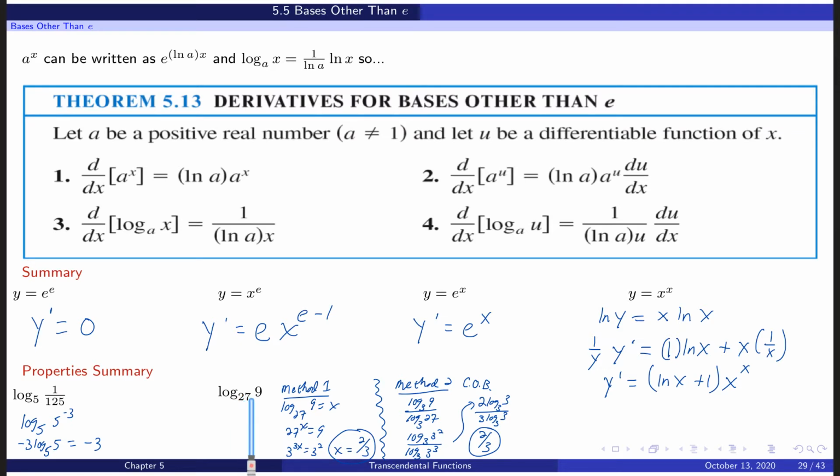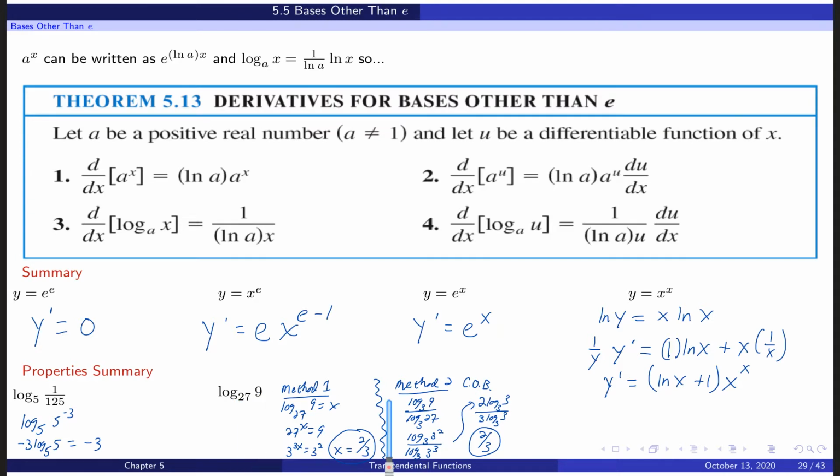A similar situation is I see that 3 is the base for both of these things here. So I could either change forms, set this equal to x, 27 to the x equals 9, get the same base. 27 is 3 cubed, so 3 to the 3x equals 3 squared, and solve for x equals 2/3. Or you could do change of base, okay?